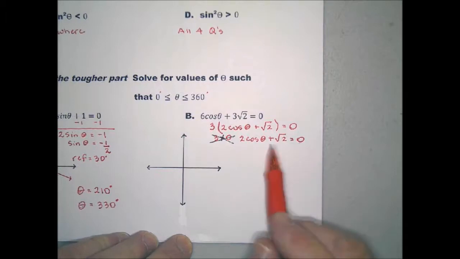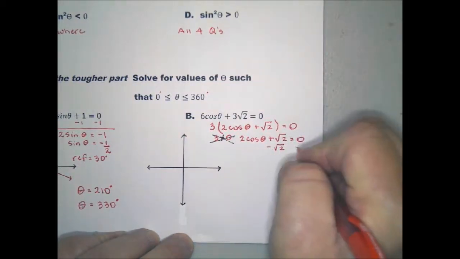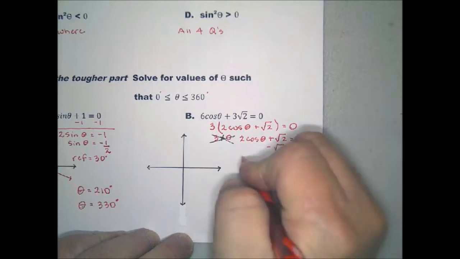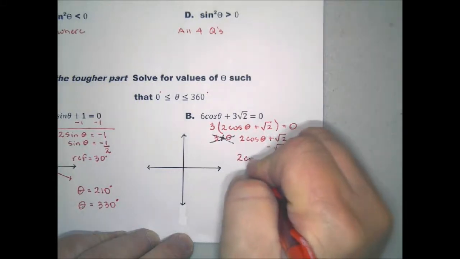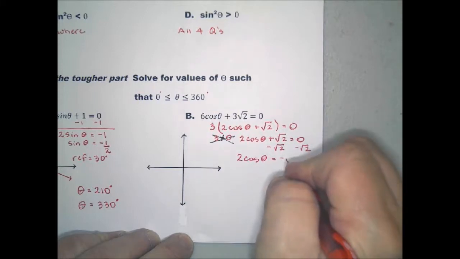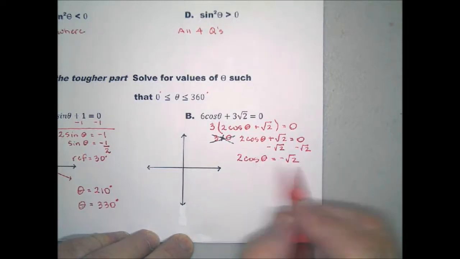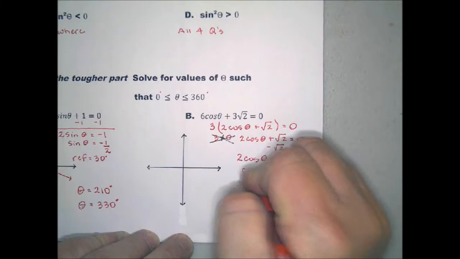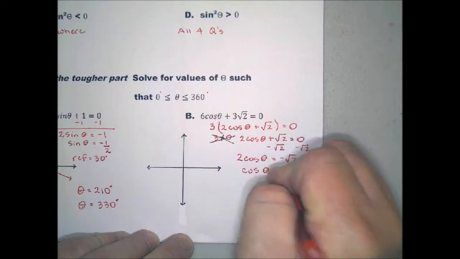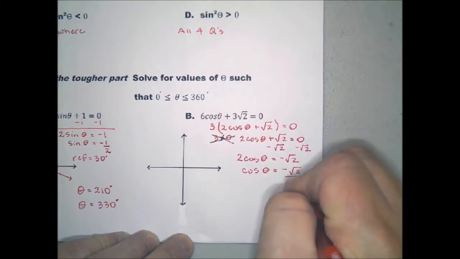So the first thing I'm going to do is subtract square root 2 from both sides. And I've got 2 cosine theta equals negative root 2. Now my next step would be divide both sides by 2, and I've got cosine theta equals negative root 2 over 2.